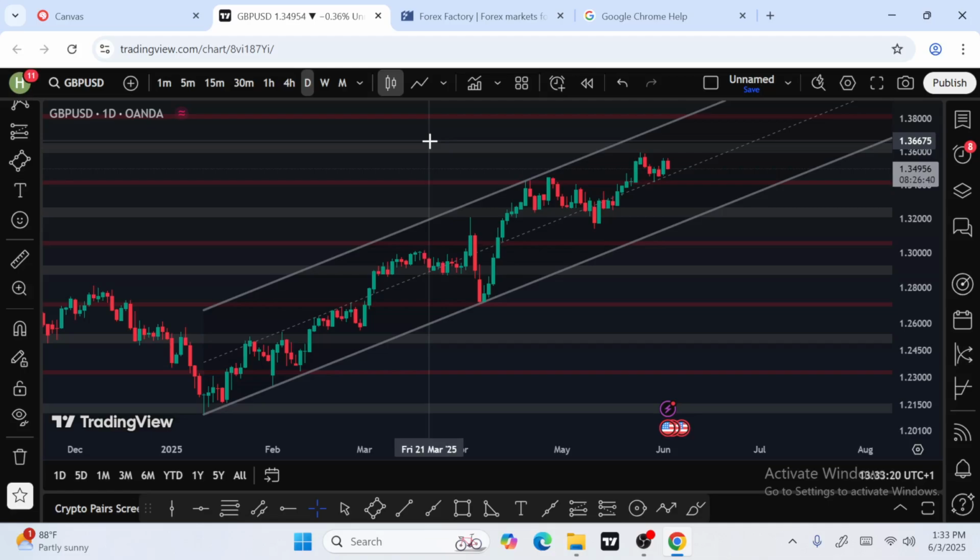You want to draw a zone for this channel. We have been able to get the overall sentiment on weekly time frame that this market is going up. Now, this is the daily time frame. Daily time frame is now showing us where those support and resistance trend lines are for this uptrend, you can see them as a zone.